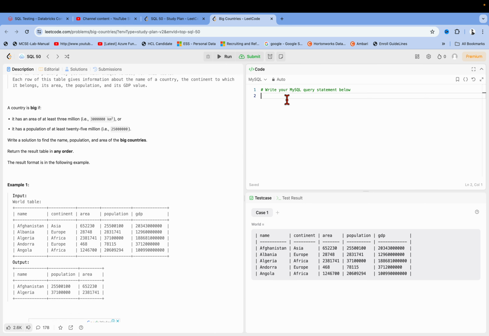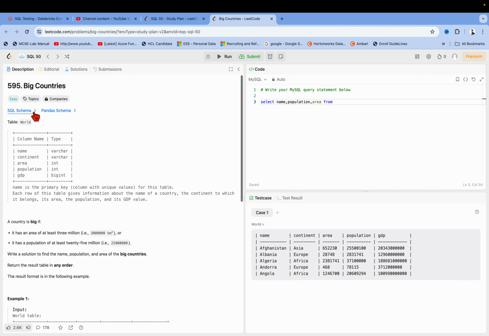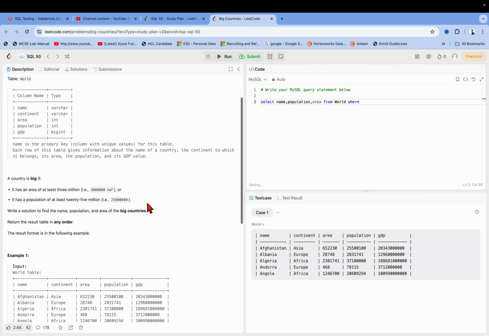So let us write the syntax. Select what needs to be selected: name, comma, population and the area. Okay, from where? From the table named World, and here is the condition they have given for the big country.